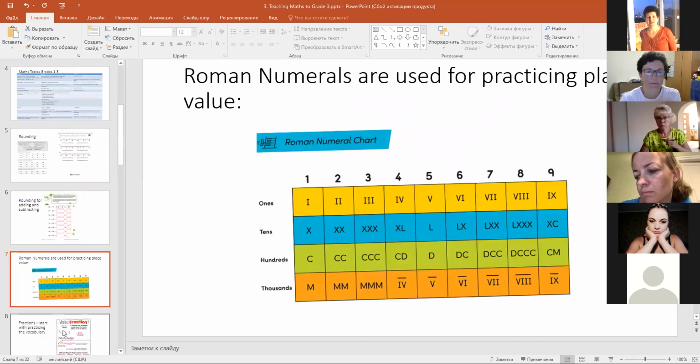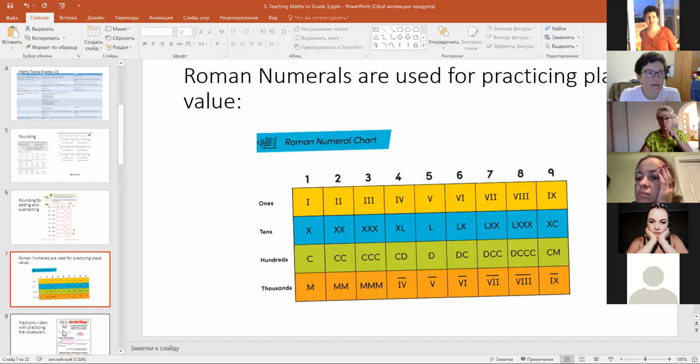Okay, so the next important topic which we really never practice in Ukrainian schools is Roman numerals. Yesterday we were talking with Anya about why British schools practice Roman numerals so much, and I really don't have any idea.